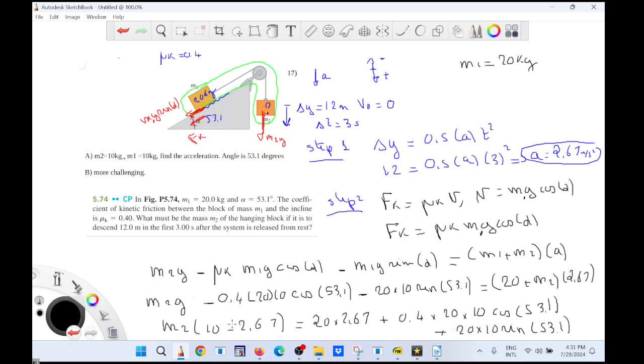You just have to solve for M2, and you should get that M2 is, I think, 36 kilogram. You have to check, I'm not sure, but this is the idea.